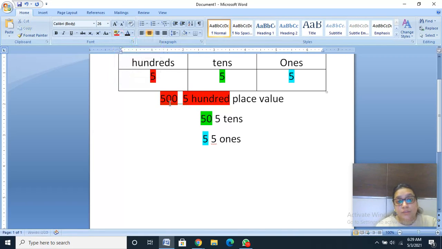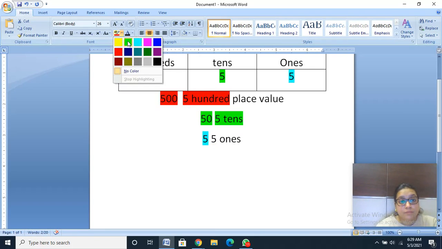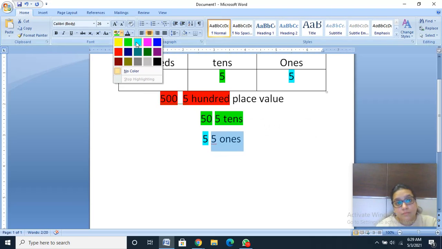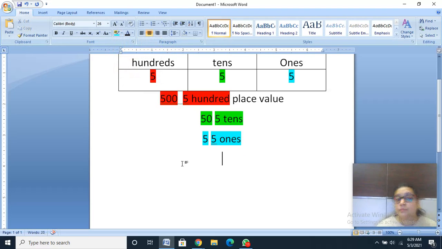See here, everyone. The place value of this 5 is 500 in numeral form, 5 hundreds in the number name. Then 50, 5 tens, and 5, 5 ones.